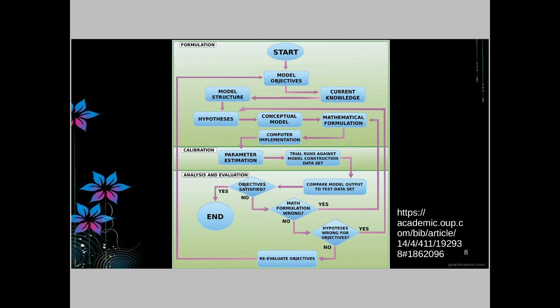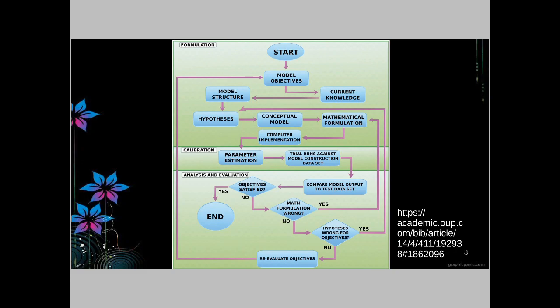Then you calibrate your model. In calibration, you need to check if the parameters are as close to reality as possible. Sometimes you have your values from the current literature. Sometimes you need to do some tweaking, that is trial and error.